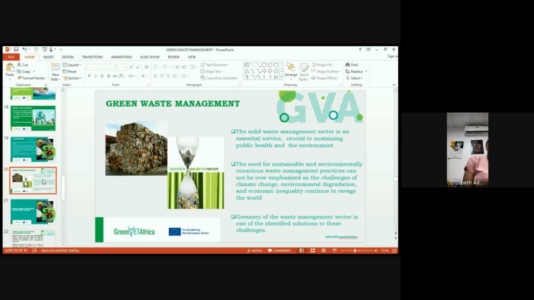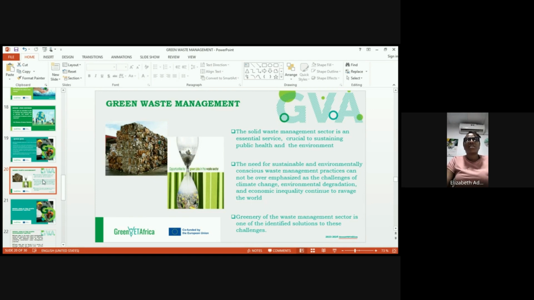And then the need for sustainable and environmentally conscious waste management practices cannot be overemphasized, as the challenges, like Mr. Taiwo said, most of these things have their lifespan. We have to also look at how to effectively manage this waste after their lifespan. Greening the waste management sector is one of the identified solutions to these challenges.